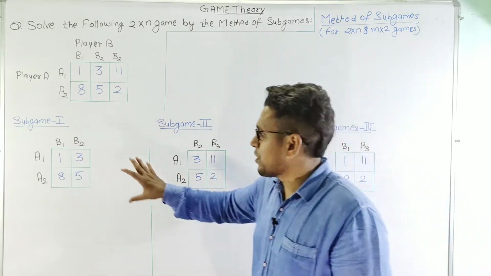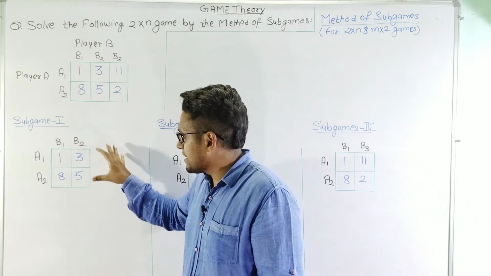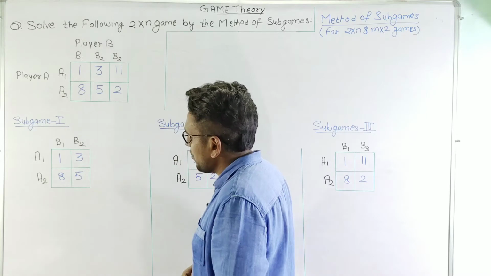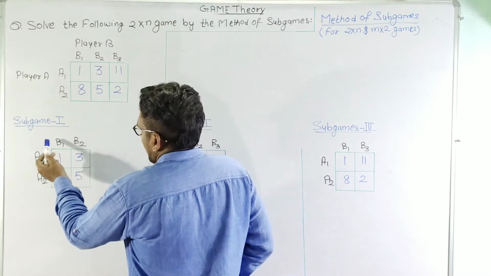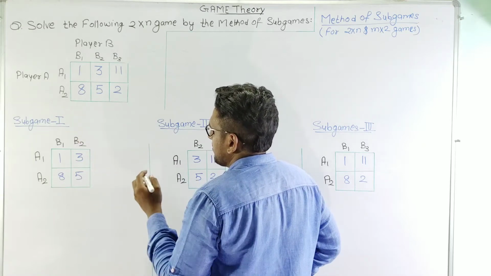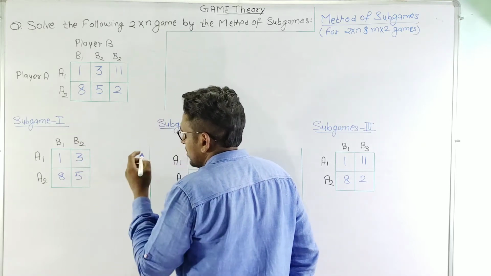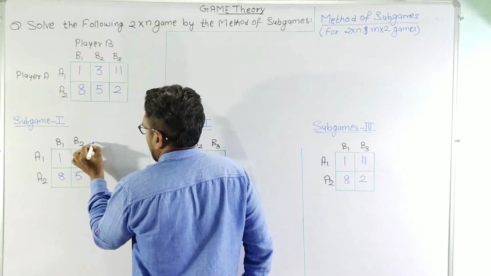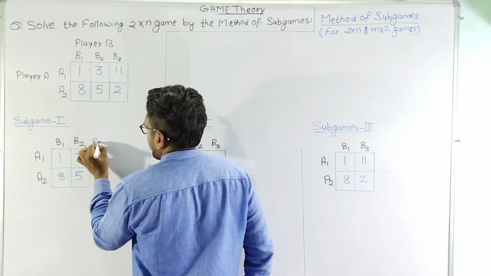So let us start from subgame 1, and here in order to find the saddle point we need to calculate the minimax and maximin value. So first we will calculate row min here.